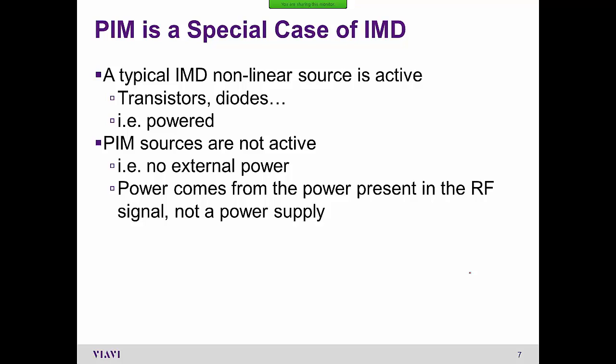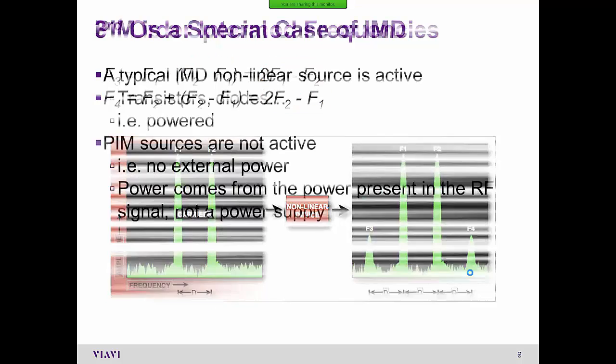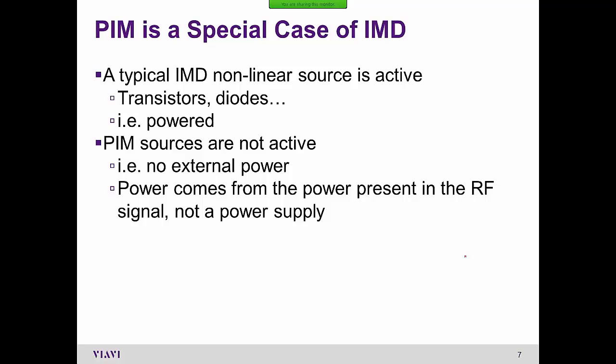So where you have an antenna system, the actual power that produces those intermods, F3 and F4 in the last slide, actually comes from the original RF power itself. So it's the power present in the RF that gets used to create those unwanted signals. It's not an external power supply, so it's generally referred to as passive intermodulation.